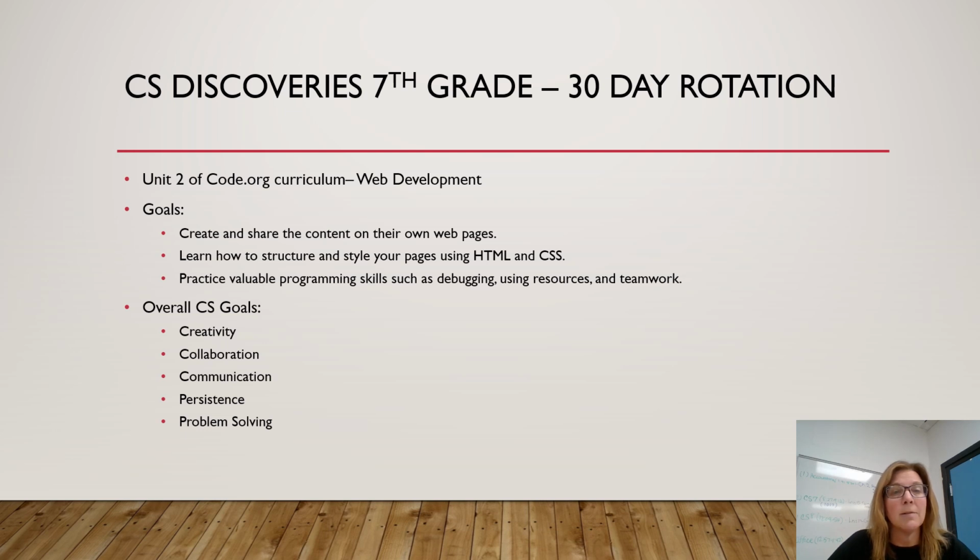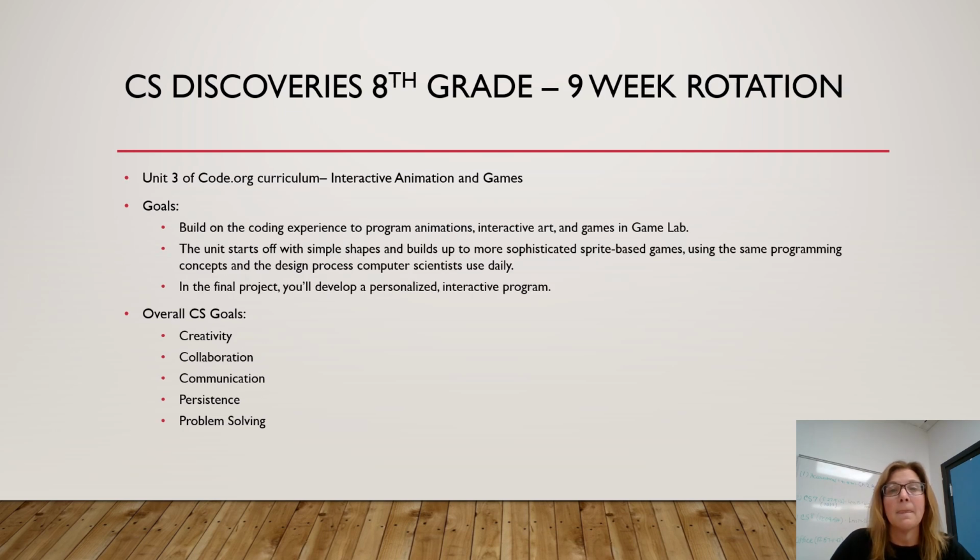So the goals are to create and share the content of their own web pages, learn how to structure and style the program using HTML and CSS, which is style sheet, practice valuable programming skills such as debugging, using resources, and teamwork. And below there, I talk about all the overall goals for computer science at this level. It's a 30-day rotation, and students are graded on A, B, C, D, or F for the class.